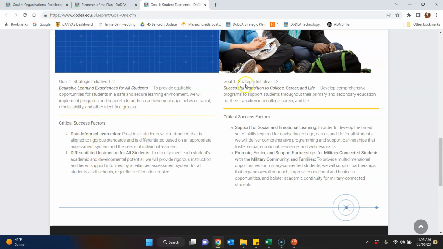The second goal, Strategic Initiative 1.2, was also one of the focus areas for the plan. Successful transition to college, career, and life. You're developing programs to support students through their primary and secondary education for their transition into college, career, and life. There are different ways that you can do this. It could be through your ROTC program. It could be by providing advanced placement courses for your students if they're going to be college bound.